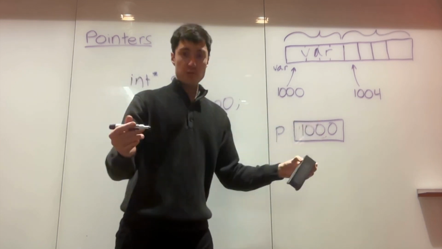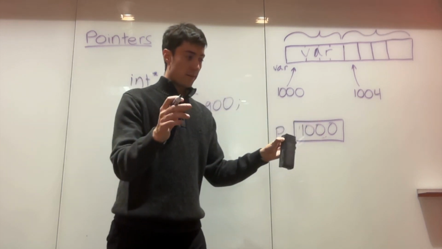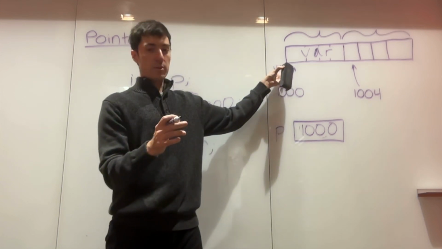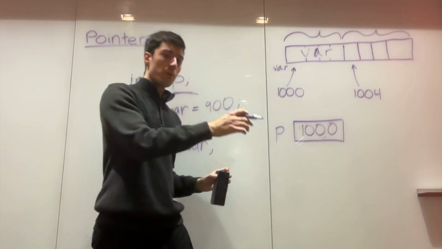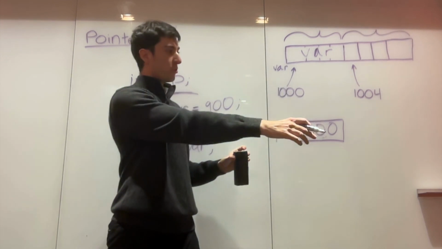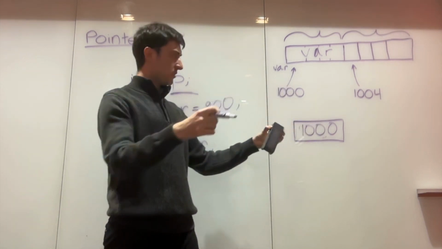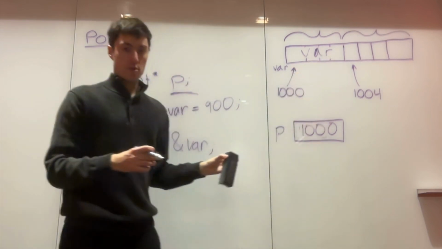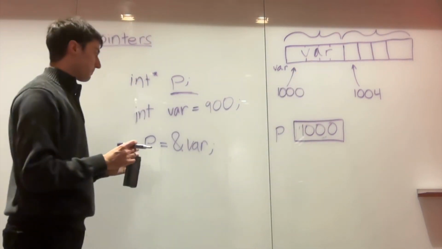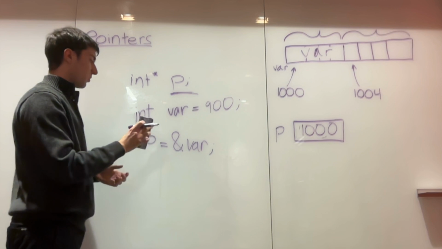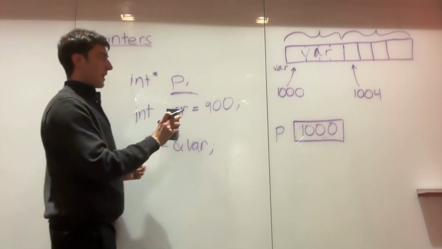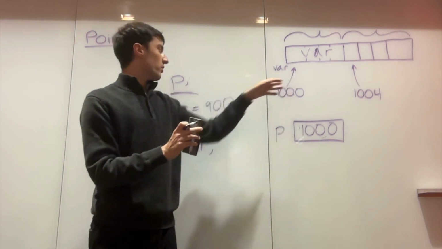It's an address. It's a number, which is the address of a variable. Okay, so then if you go to the other house where this address is, what's going to be in that house? Well, it's going to be an integer. That's the idea, okay?